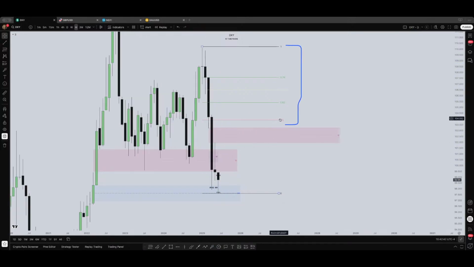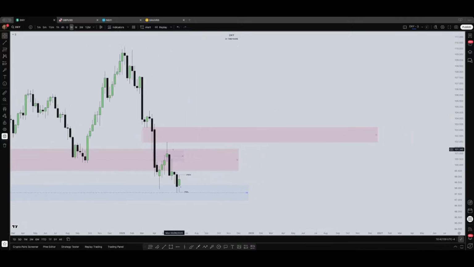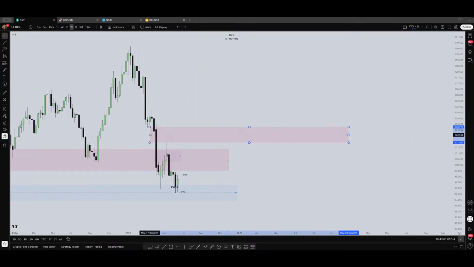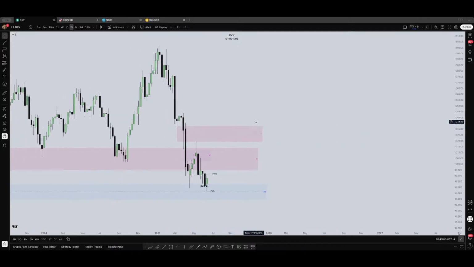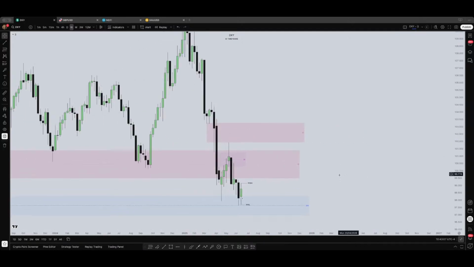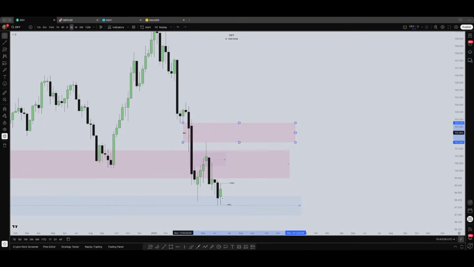So this is an important level, the midpoint, and the nearest imbalance on the buy side is this monthly fair value gap. So in case price shows us strength to the buy side, these are areas we will have in mind.